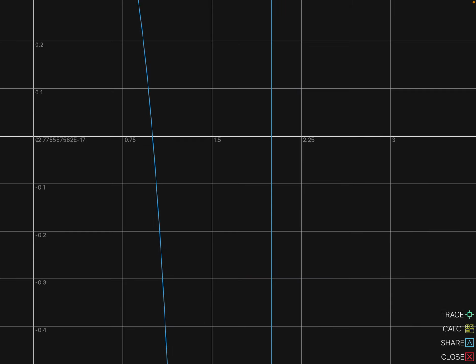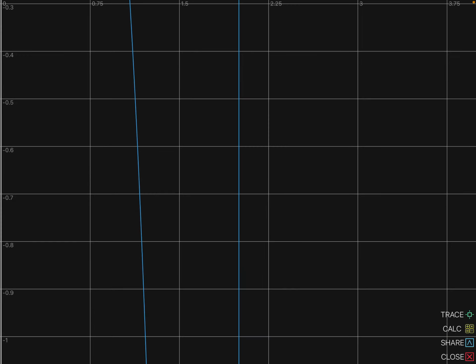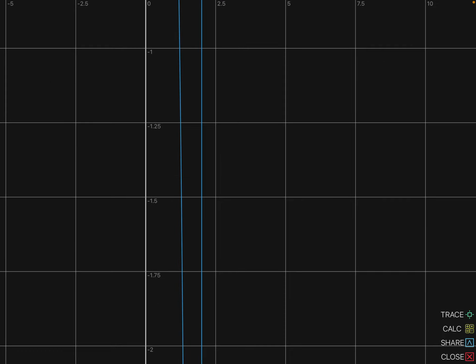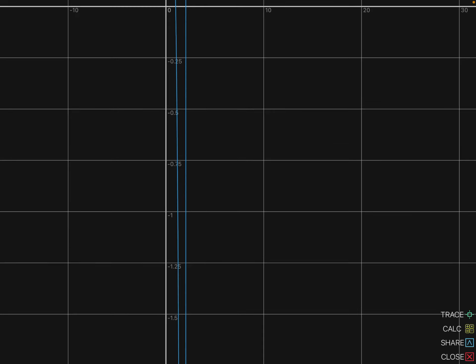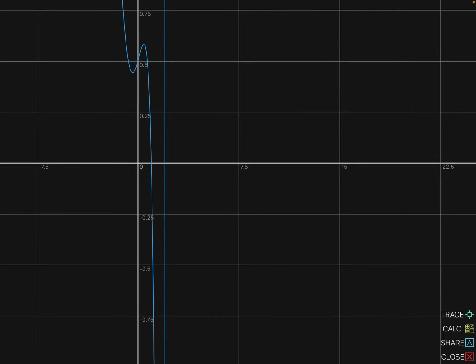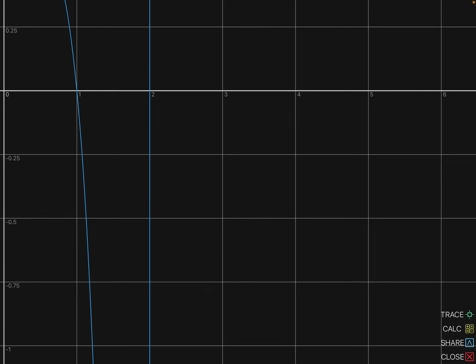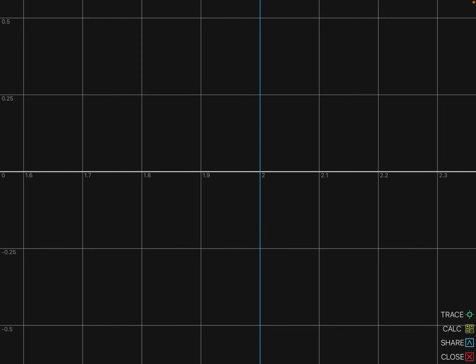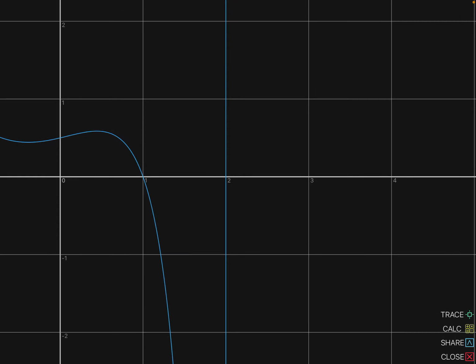All right, so if we look at 2, is there a limit as x approaches 2? It's hard to see on this graph. There does appear to be a limit as x approaches 2. It looks like it's going to be 0.